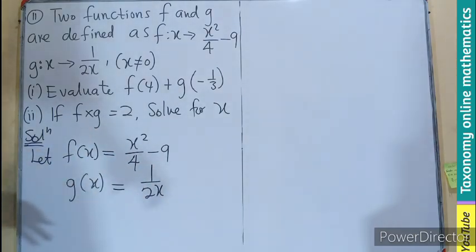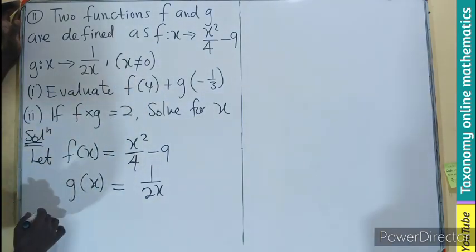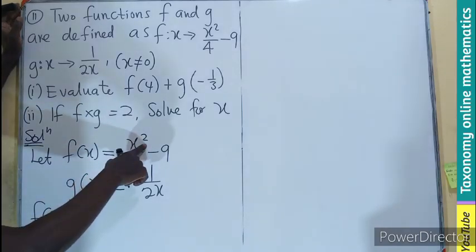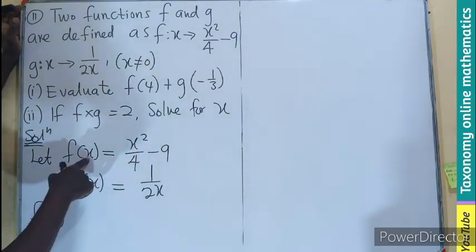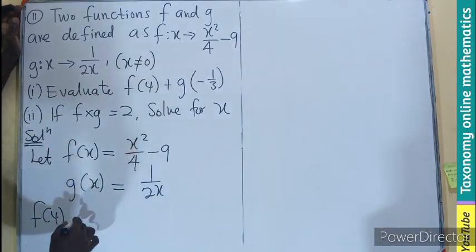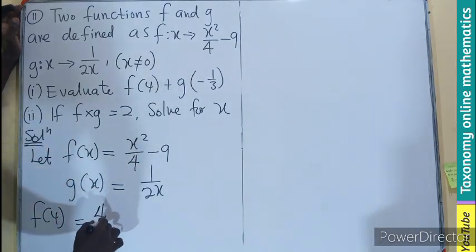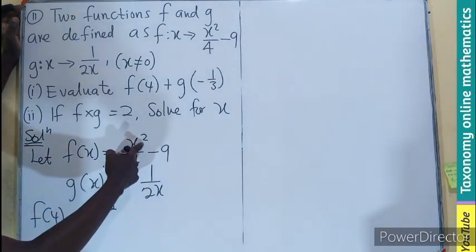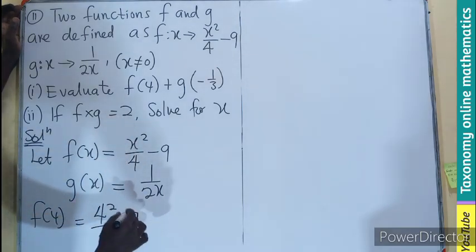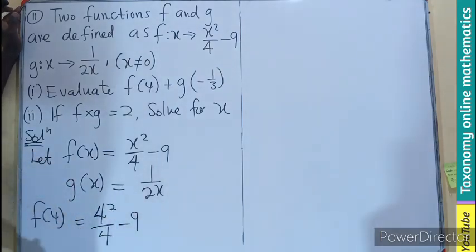Picking the first one, which is f of 4, where I see x, it is replaced with 4, meaning x will now be 4 here. So 4 will be squared as we have it here, then divided by 4, minus 9.